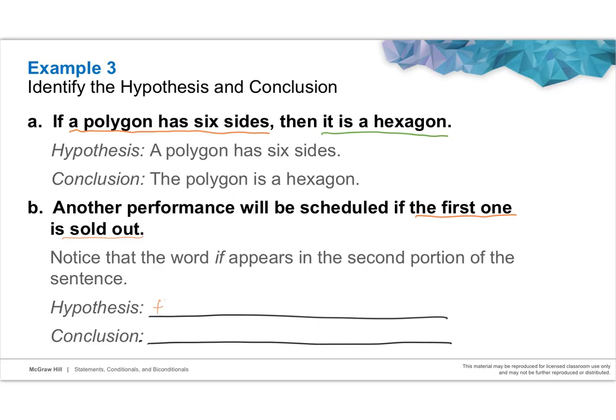So the hypothesis would be the first performance is sold out. And then our conclusion would be the start of the sentence that comes before the if, which is another performance will be scheduled.